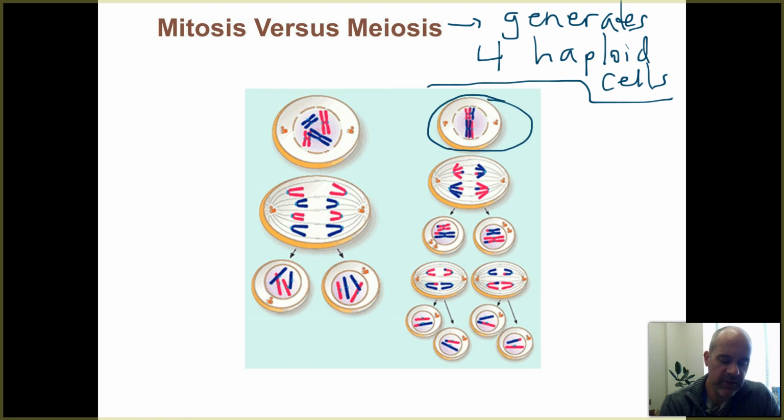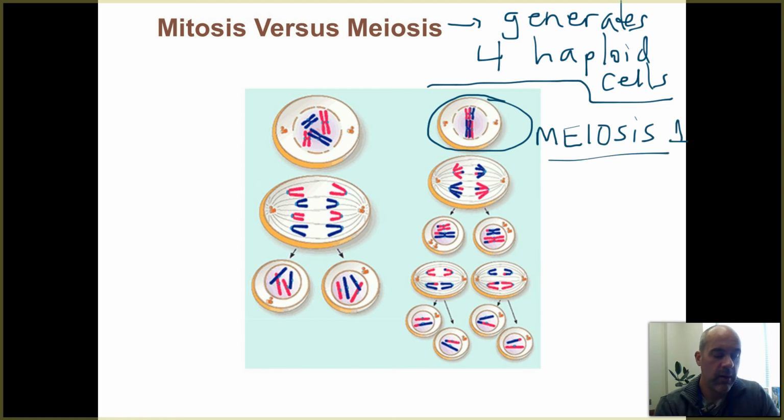In the first phase, which is called meiosis 1, the pairs of duplicated chromosomes, like your 2 duplicated chromosomes number 1 and your two duplicated chromosomes number 2, they pair up with each other.